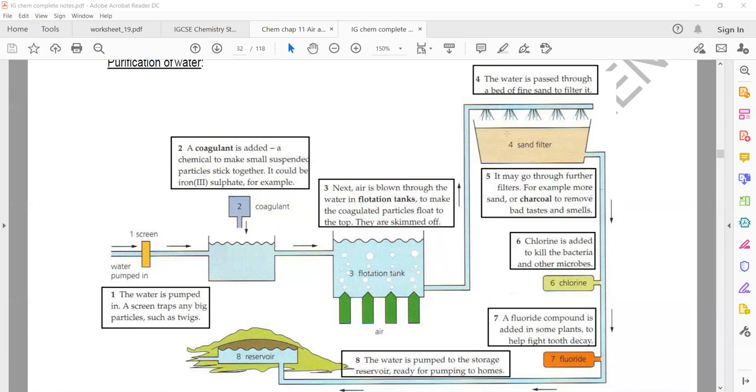So these are the steps involved in the purification of water, making the water drinkable for domestic use.